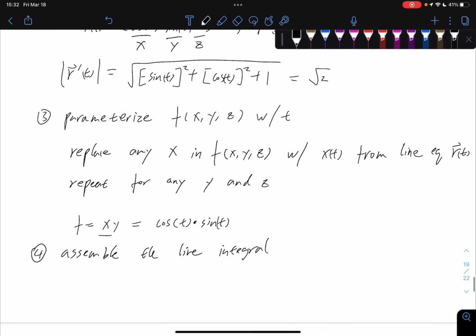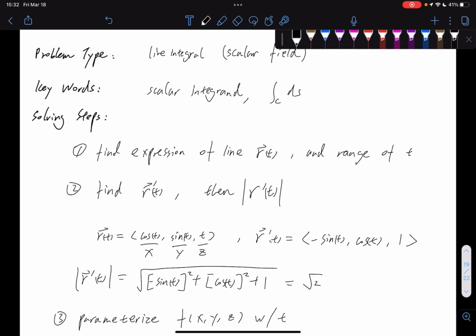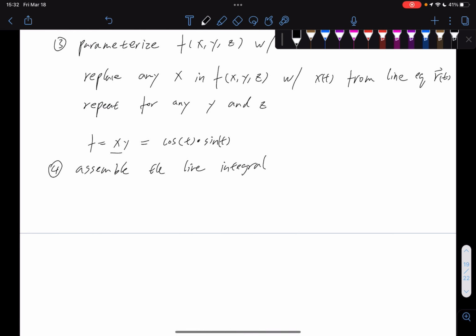Our time limit is a to b, right? So this is our standard formula: the integral from a to b of f of x of t, y of t, z of t, times the magnitude of r prime of t, dt.